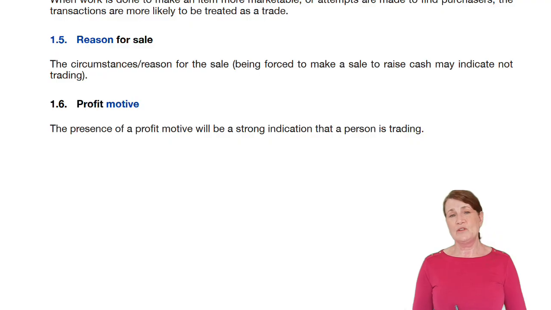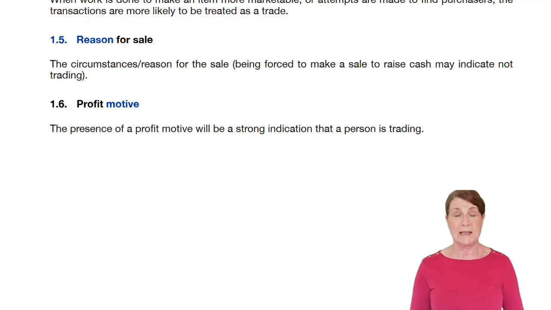Now, the thing with grey areas and with the badges of trade is obviously we've got a lot of tests in there. For a particular situation, some of the tests might indicate trading and some of the tests might indicate capital. It's never clear cut, which is why we apply the test in the first place. So what HMRC would do is they would say, well, on balance, what do we think?